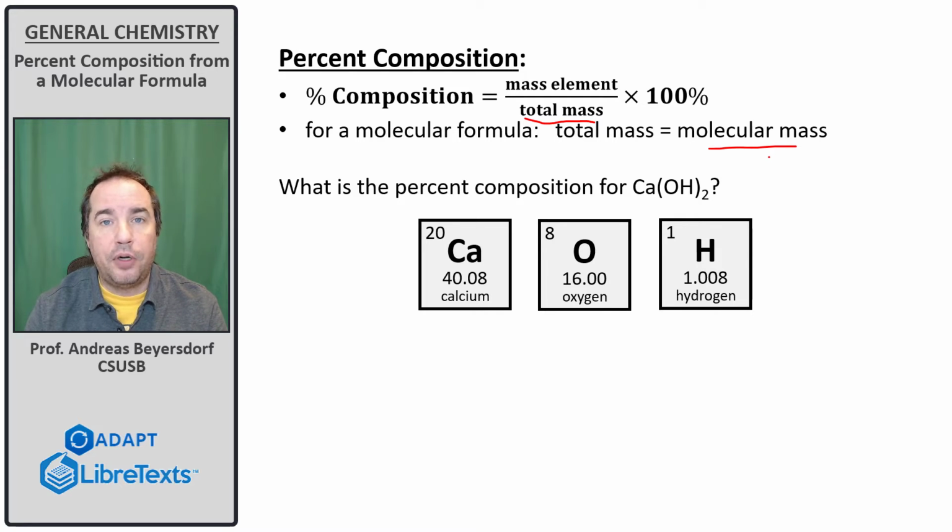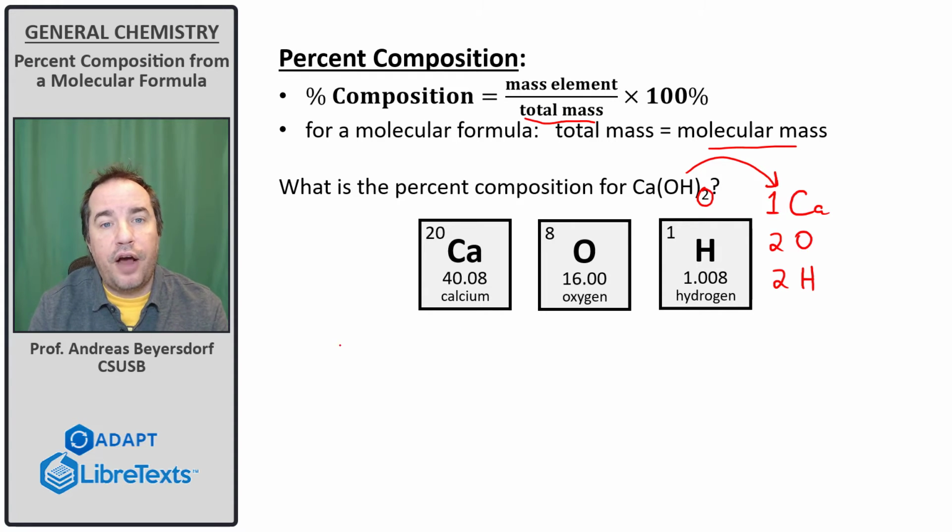So let's figure out the percent composition for calcium hydroxide, which is Ca(OH)2. Now, Ca(OH)2, notice it has parentheses and then this 2. What that means is we have 2 oxygens and 2 hydrogens. So we have 1 calcium, 2 oxygens, and 2 hydrogens.